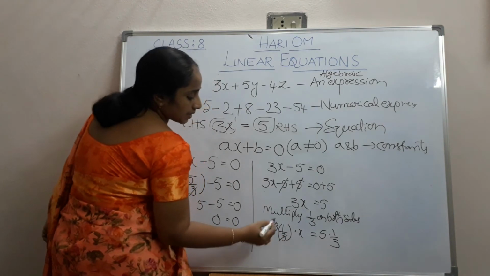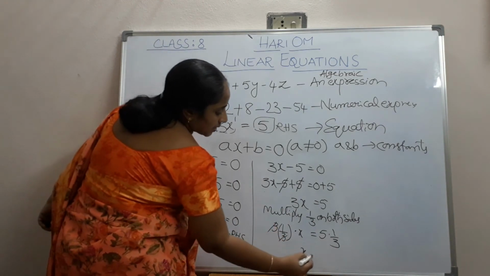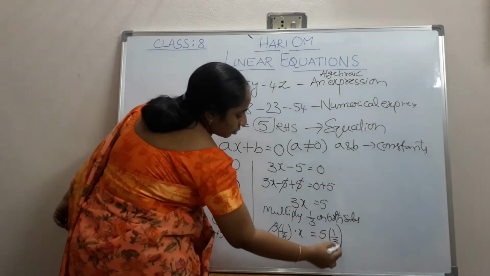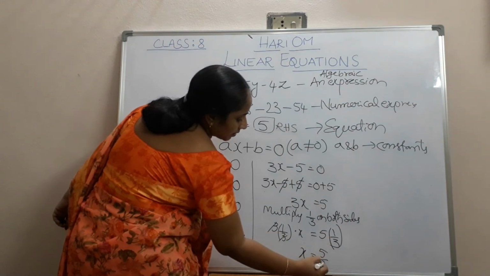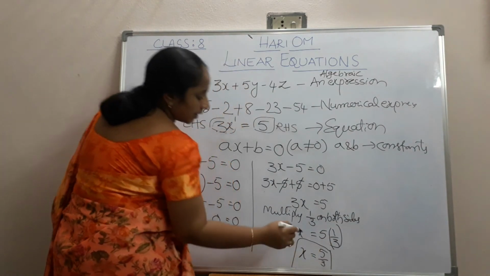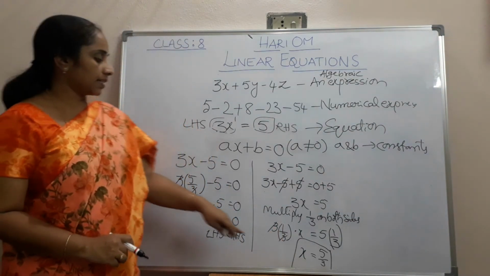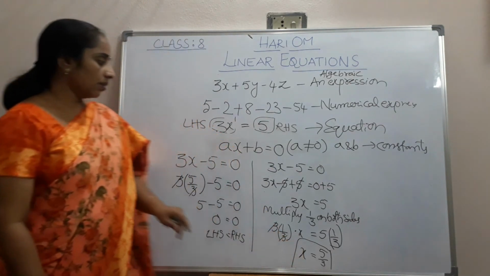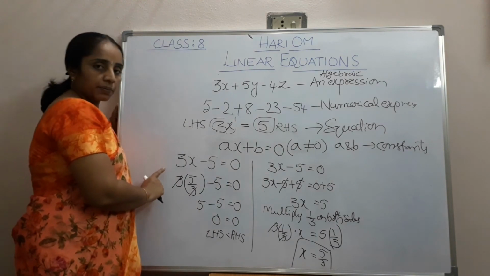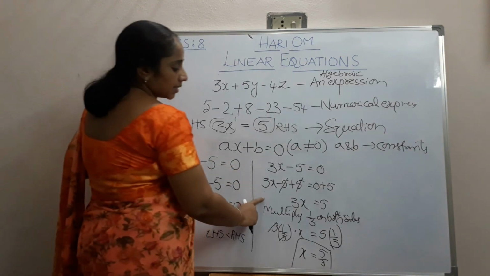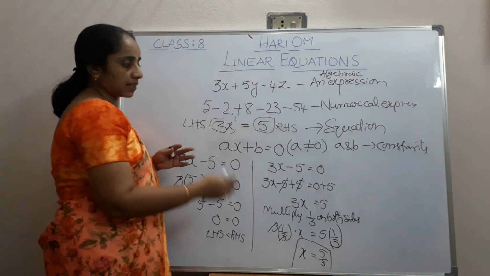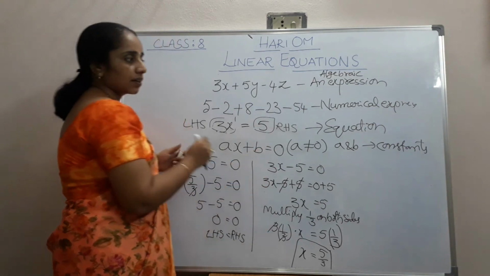Now 3 gets cancelled. x is equal to 5 into 1 by 3, which is 5 by 3. So whatever I guessed before, is that correct or not? So this is from guessing, and this is by adding or subtraction, that is simplification.